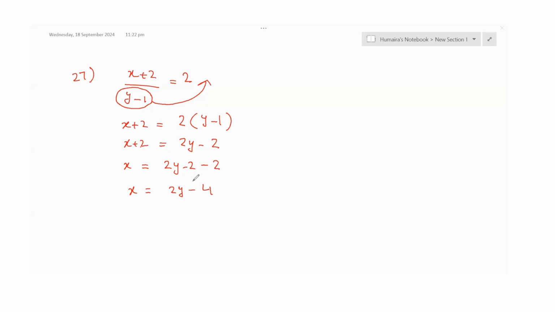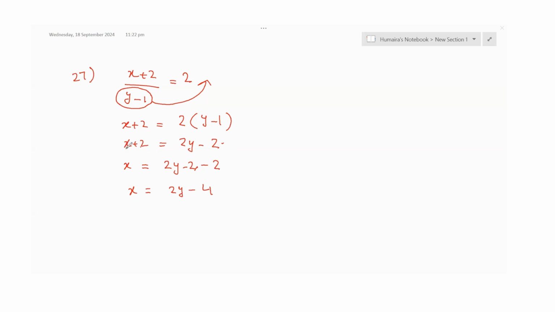I can repeat it again for you. You can see this was the question. First of all, we shifted this whole denominator that was dividing to the other side of equality, and it will multiply with 2. And we had this: 2 times y minus 1. Then we multiplied 2 with y and negative 1 and we got this. Now we will write this as it is here.